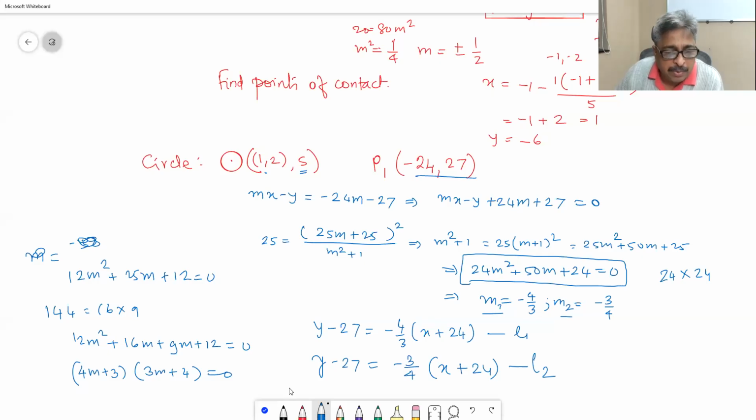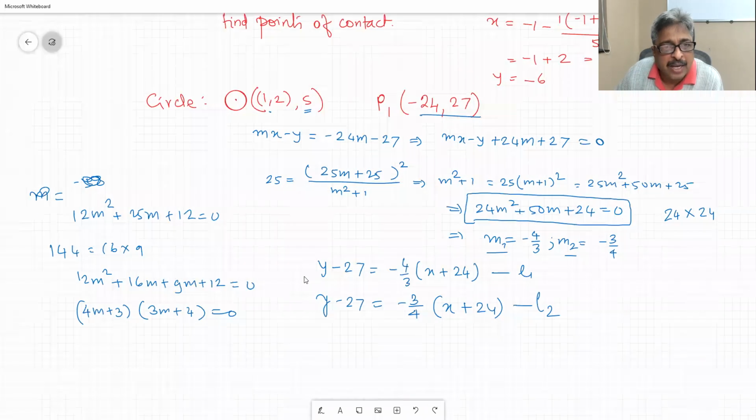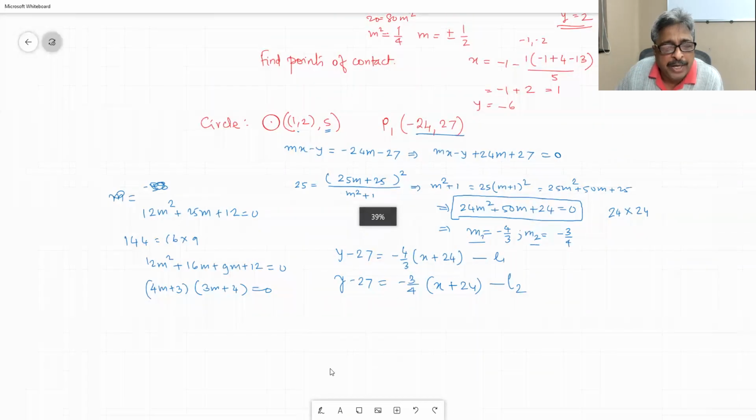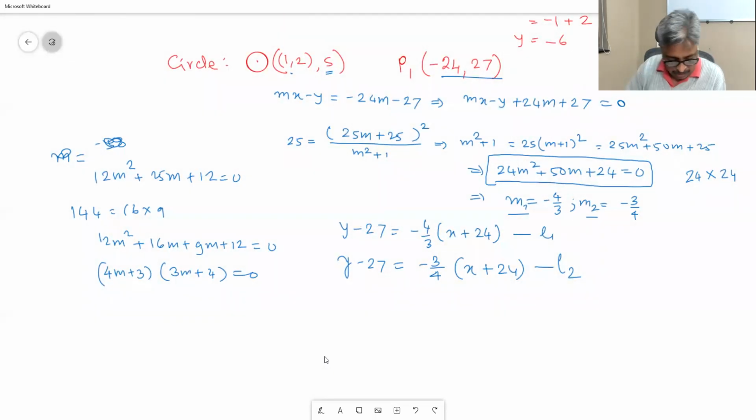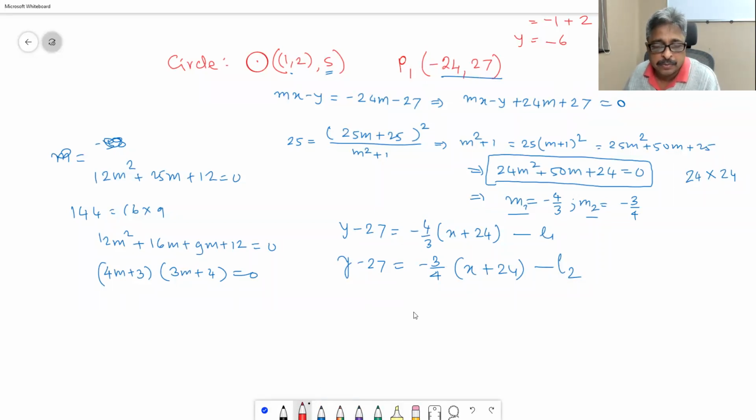So the next problem, exactly the same story, only the point is different. Let P2 be minus 3 comma 5. Now do calculations quickly.